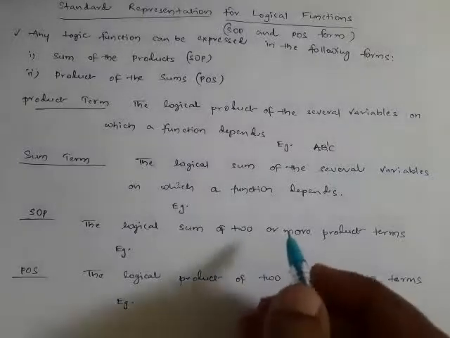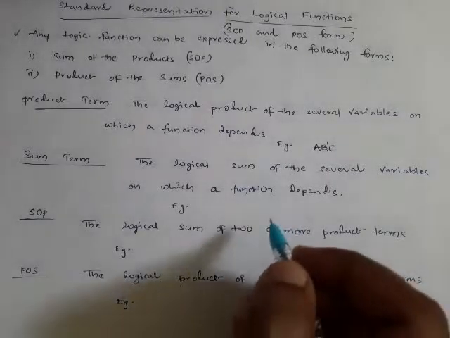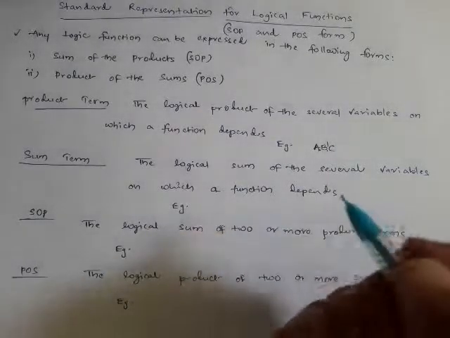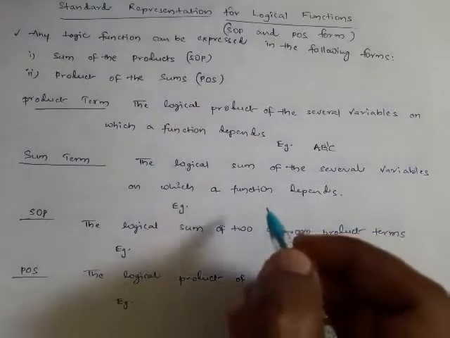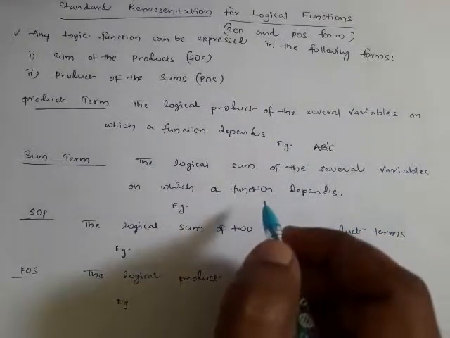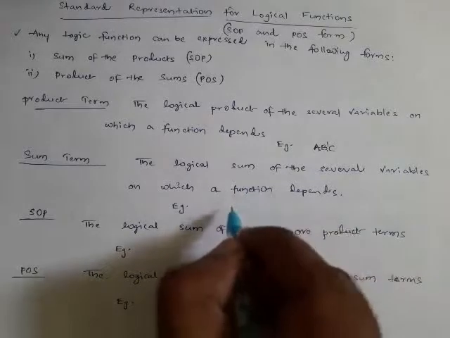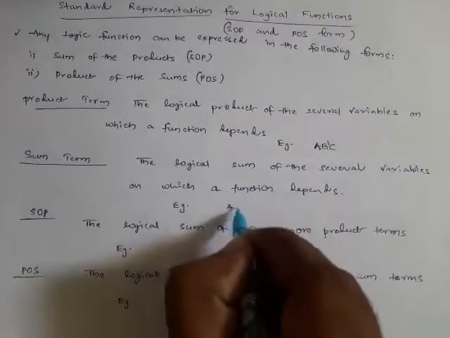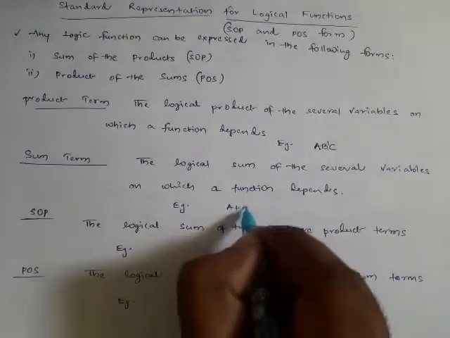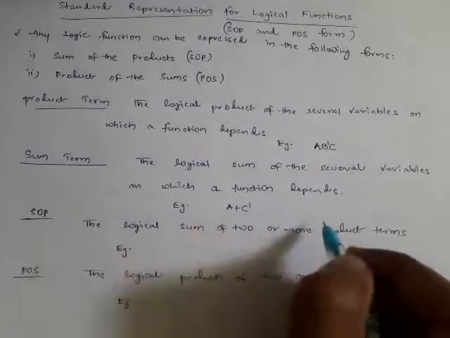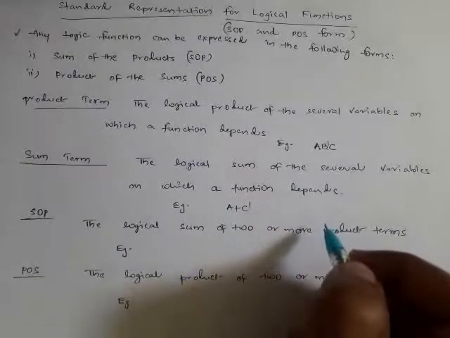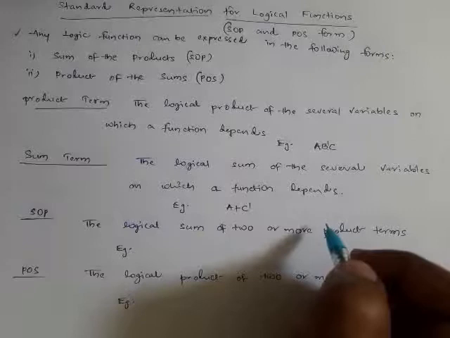So if I assume that a function f depends on the three variables a, b, c, then I can say that a plus c bar is a sum term for the function.